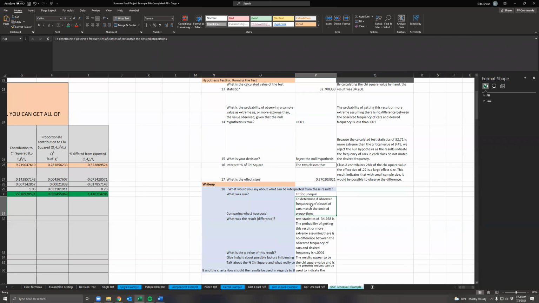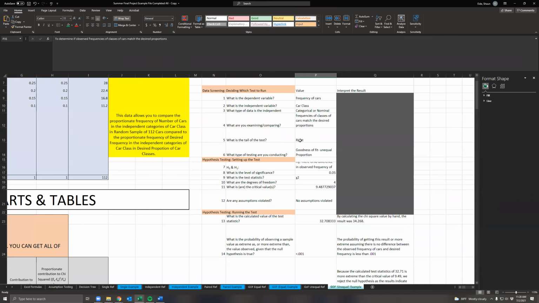Once again, you can literally just come up here and say, what was the purpose of the test? Hold on. Did I even have that up here? I should. Oh, yeah. To determine if the observed frequencies, oops.